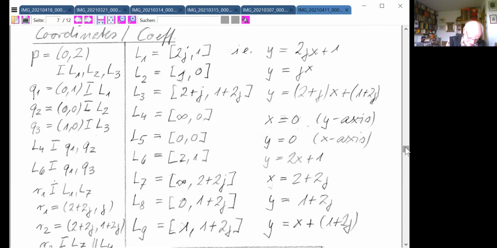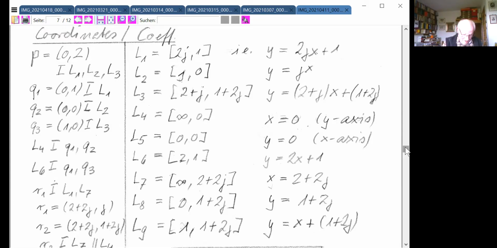L7 infinity, 2 plus 2j. That means we have a parallel to the y-axis. L8 0, 1 plus 2j means we have a parallel to the x-axis.